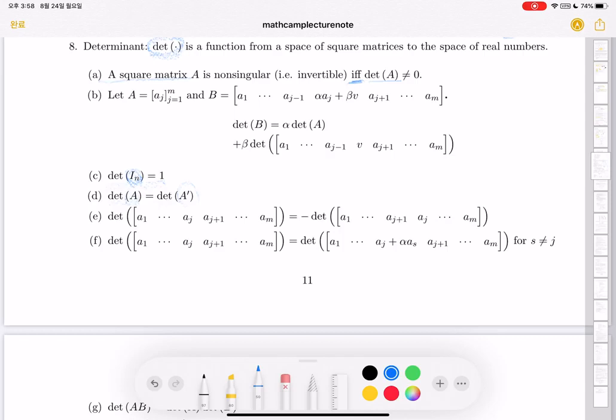This is a matrix, so A1 is a column vector, Aj is a column vector, and so on. If you permute column vectors, the determinant changes sign. The value doesn't change, the sign changes.